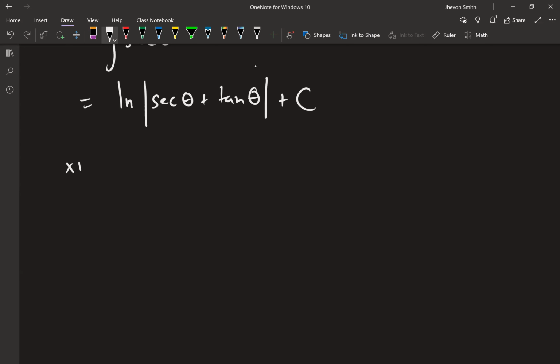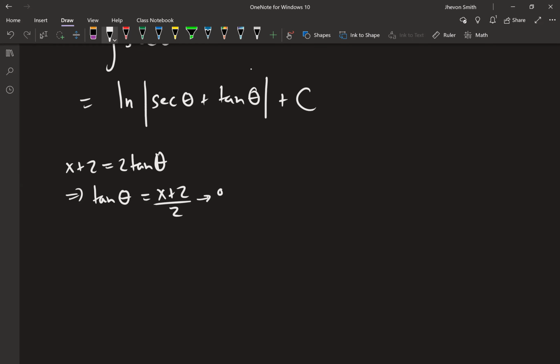Okay, so we know that x plus 2 is 2 tangent theta. How do we use that? So you isolate the tangent. So the tangent then is going to be x plus 2 over 2.